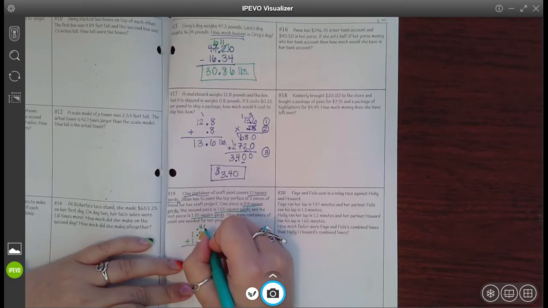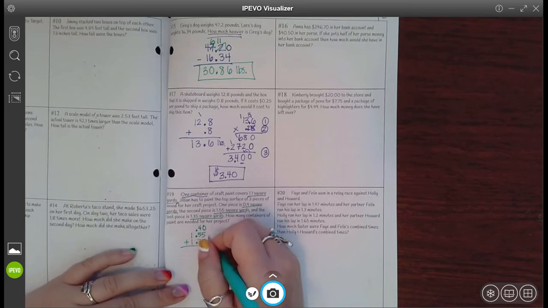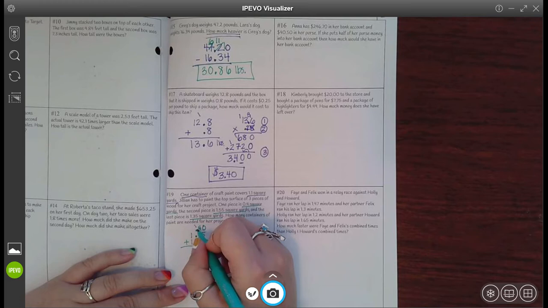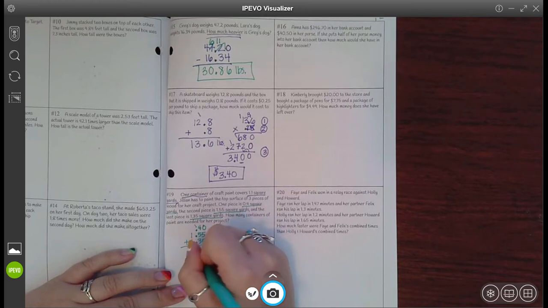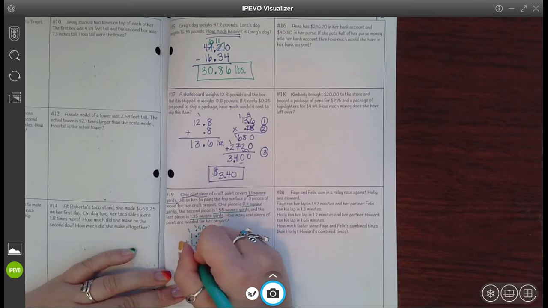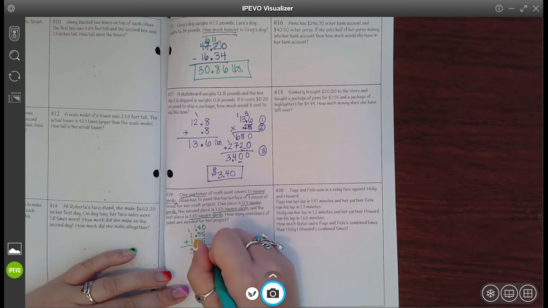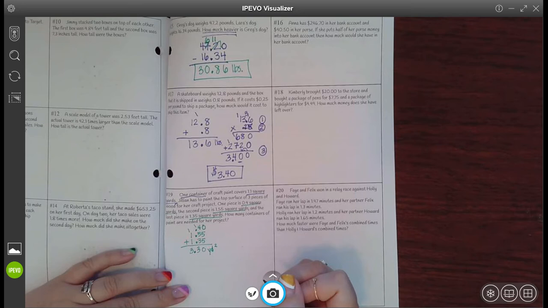Let's put a 0 placement holder there. Okay, add down, you have 10, and then 1 and 4 make 5, 5 and 5 is 10, 10 plus 3 is 13, 1 and 1 make 3, and bring down your decimal. So you have a total of 3.30 or 3.3 square yards or yards squared that needs to be covered.